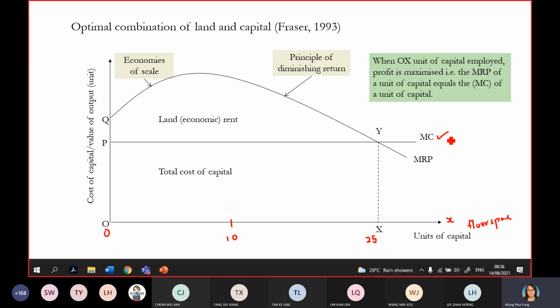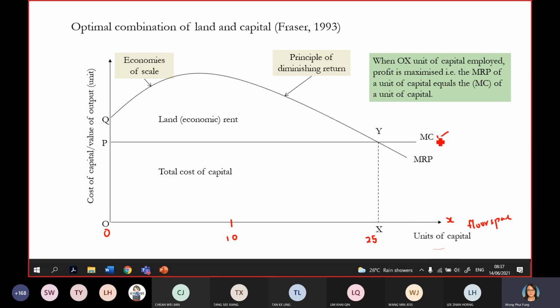Okay, MC in this context means the additional cost that the developer needs to pay when they produce one additional unit of capital.